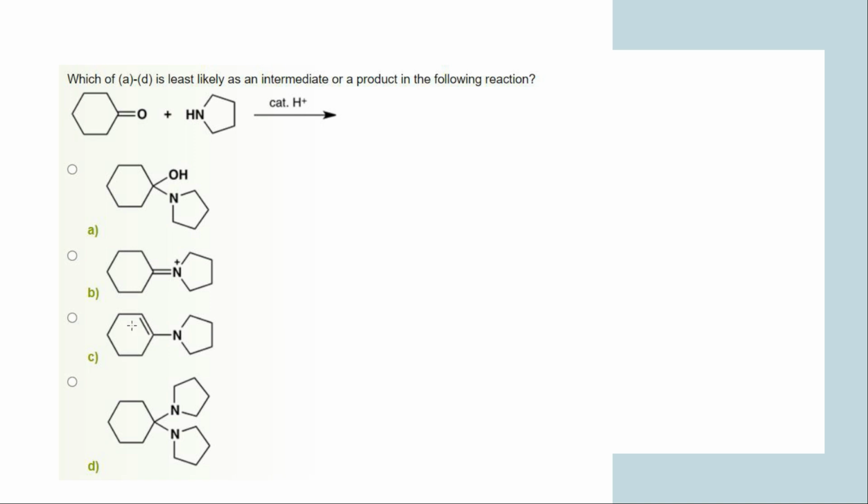So option C is also possible in this condition. But for this particular reaction, option D cannot be formed.